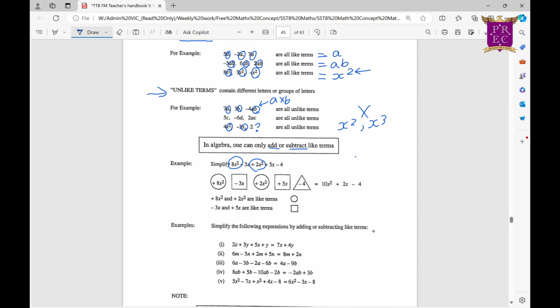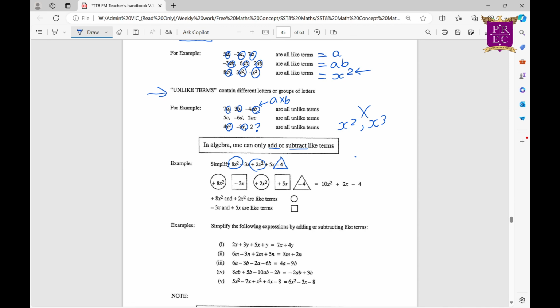So then we go into the next term and we notice that the pronumeral is x. So we look for any other terms that are like terms with negative 3x. And there is one here, and it's grouped together as a square. So you have negative 3x, and you also have plus 5x, and then you just have the lonely negative 4 represented by the triangle.